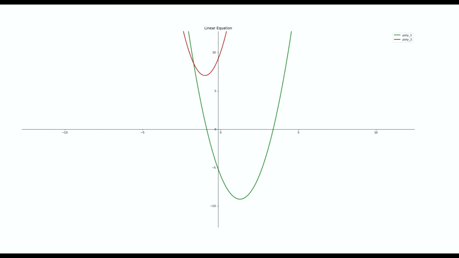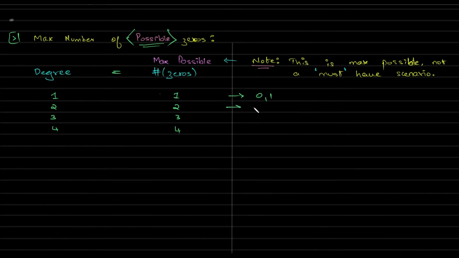So in this case the number of zeros were 0 and 2. I'll also give you one example wherein there is only one value, 1 0. Technically they call it 2, but numerically it's just 1. So again here the maximum possible zeros is 2, but you can have no zeros at all.